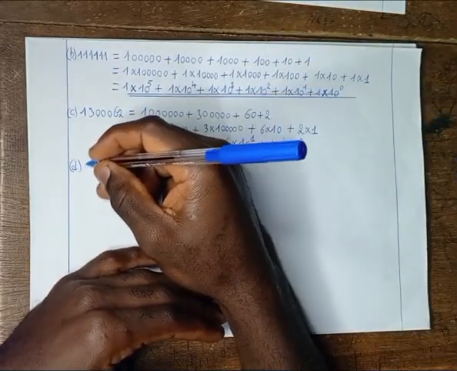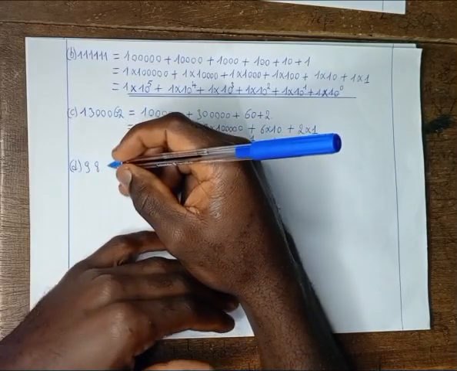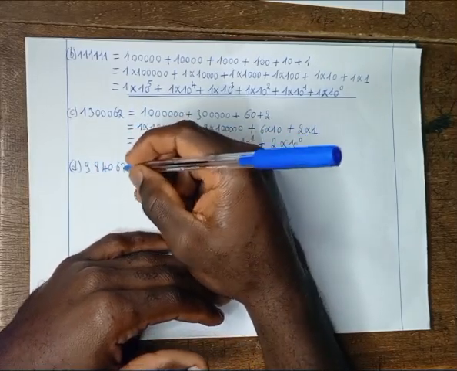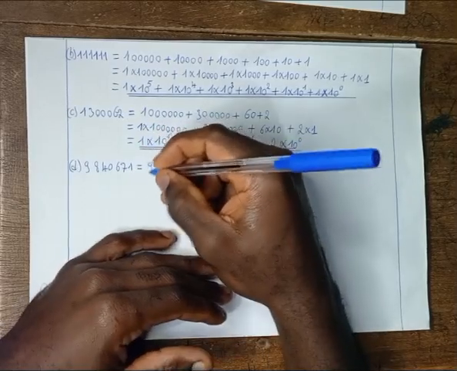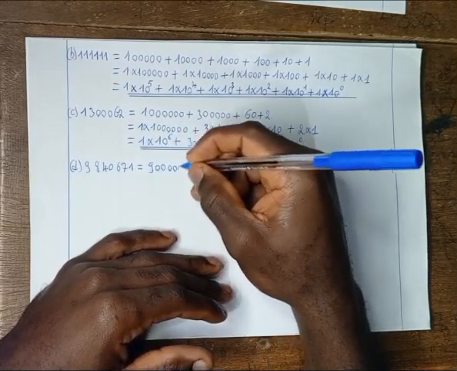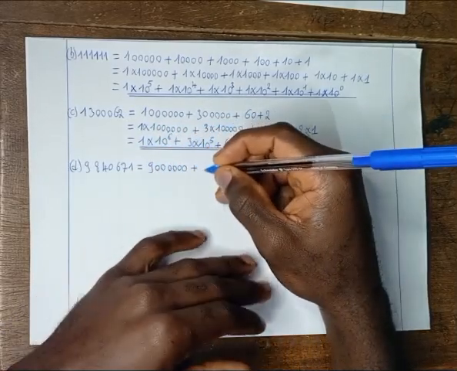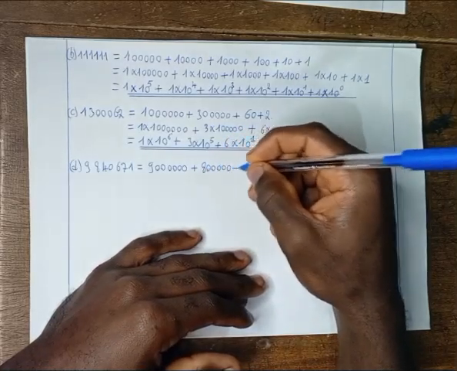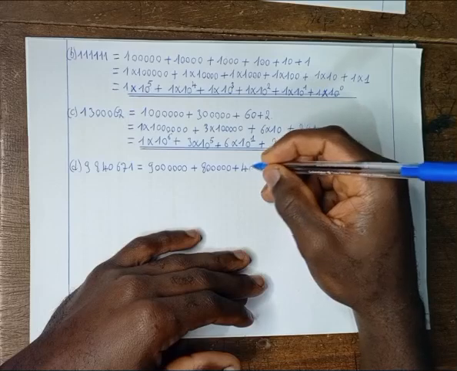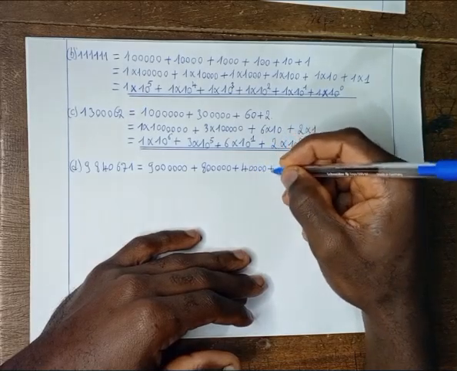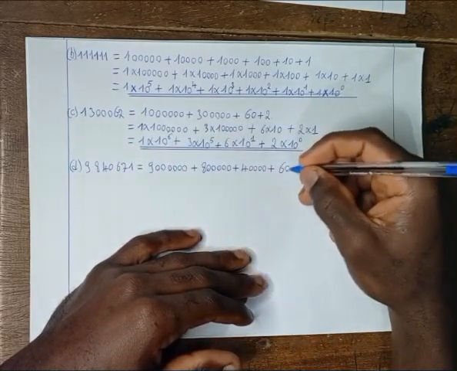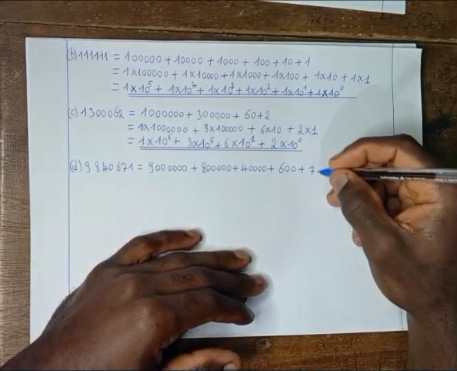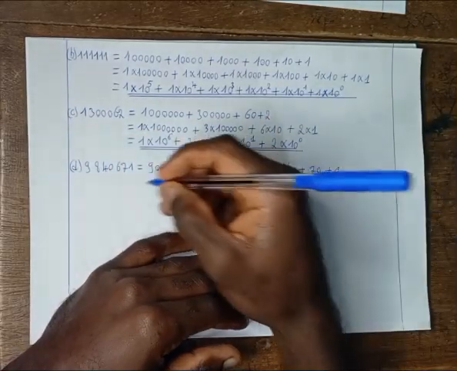Question D, we have the number 9,840,671. We know 9 has a value of 9 million plus 8 has a value of 800,000 plus 4 has a value of 40,000 plus 6 has a value of 600. We are going to ignore 0 plus 7 has a value of 70, then plus 1.